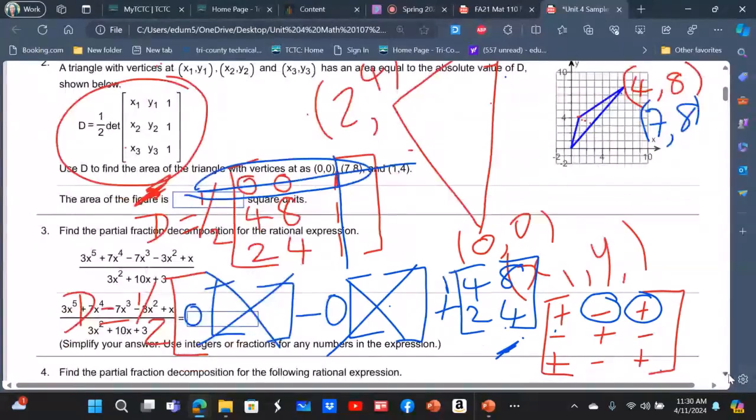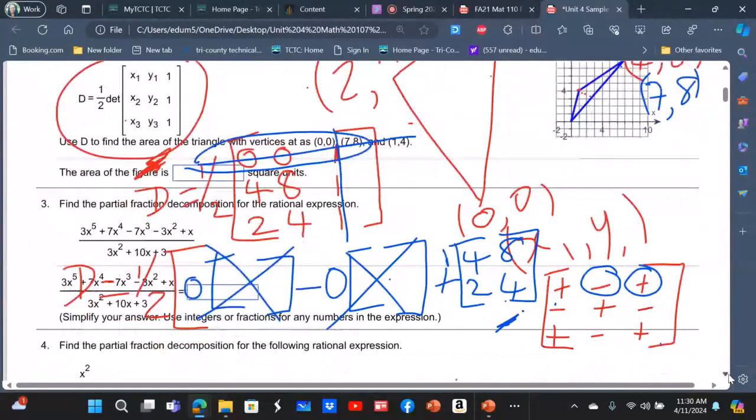It's going to be 7, 8 right here, because I didn't read that right. So it is 0, 0, 1, 7, 8, 1.